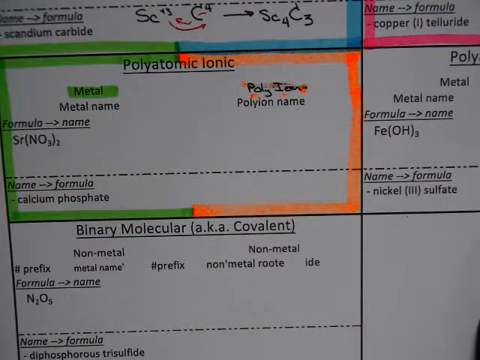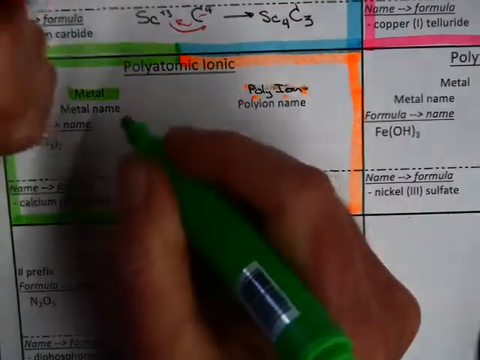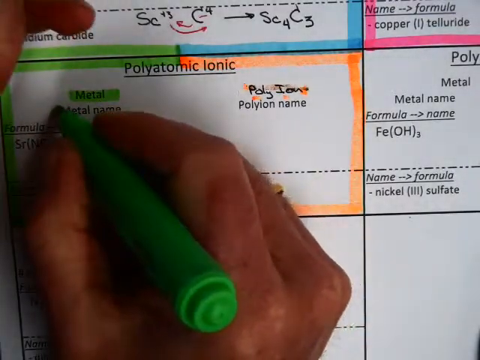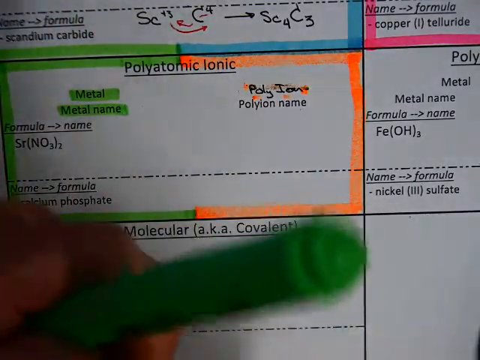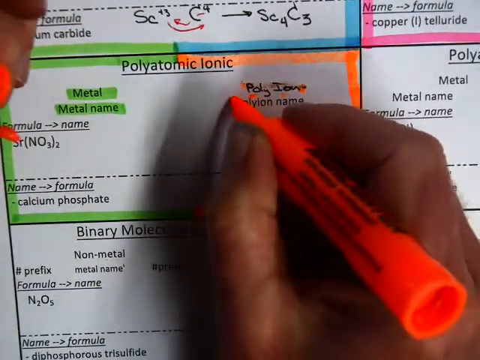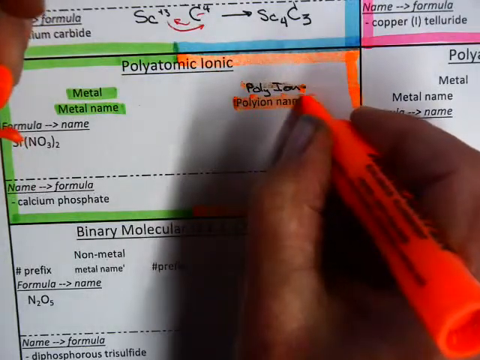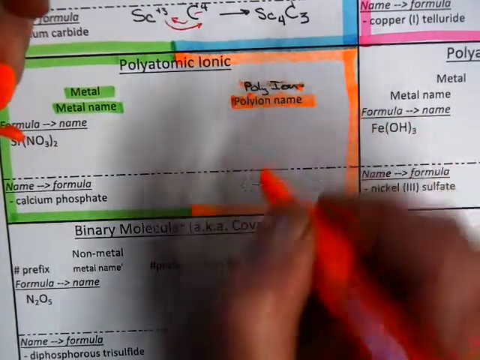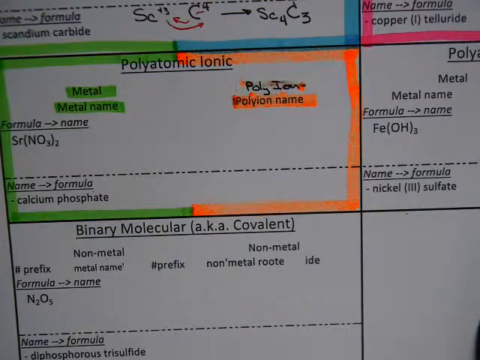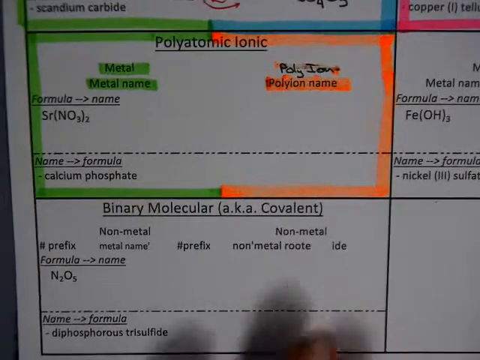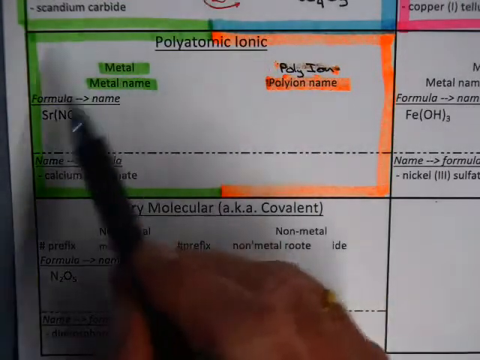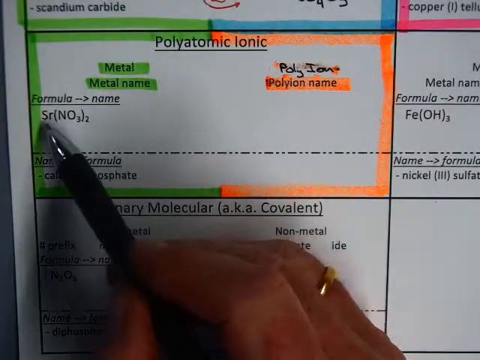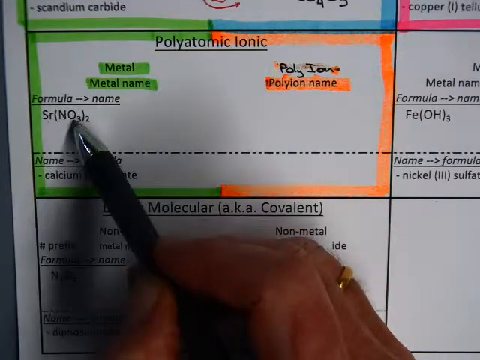So the rule is this. This is really simple. It's just the metal name and the polyion name. In some ways, it's the simplest naming there is. And so again, how do you know if you are dealing with a polyion? You count the number of capital letters.